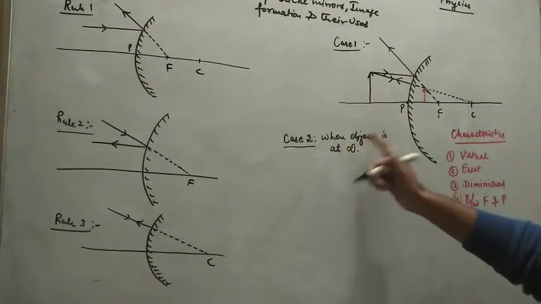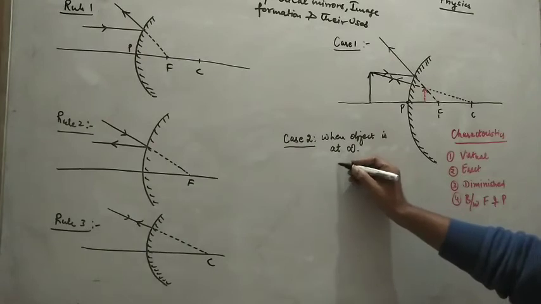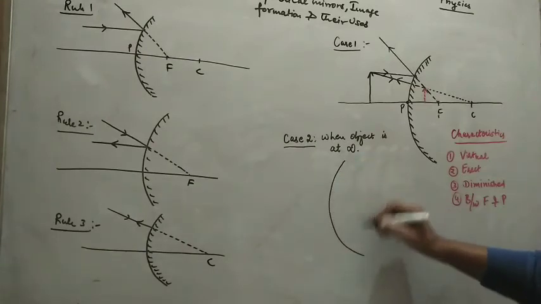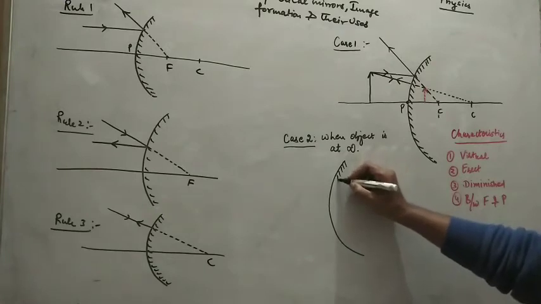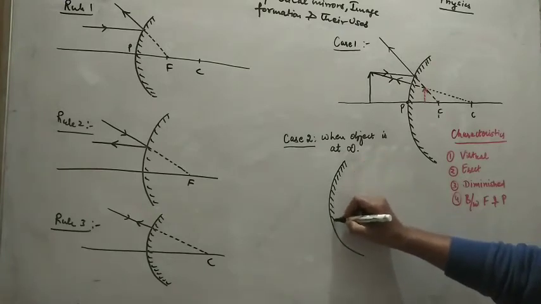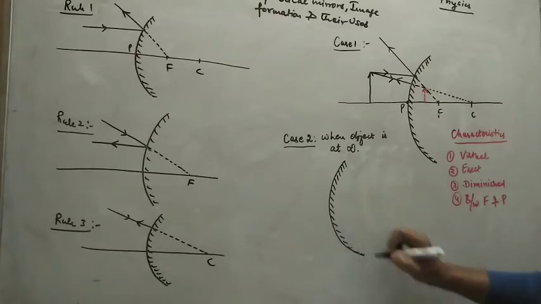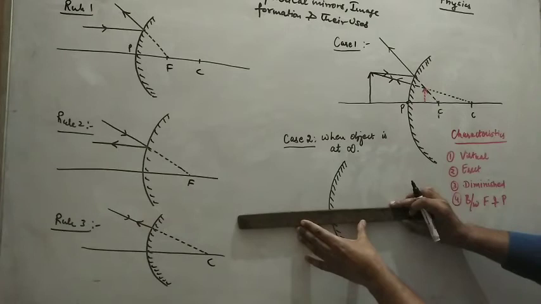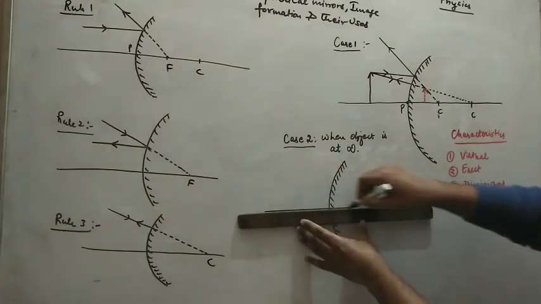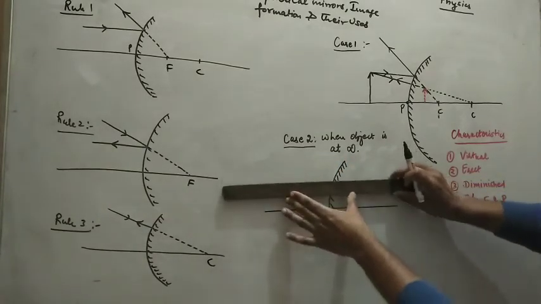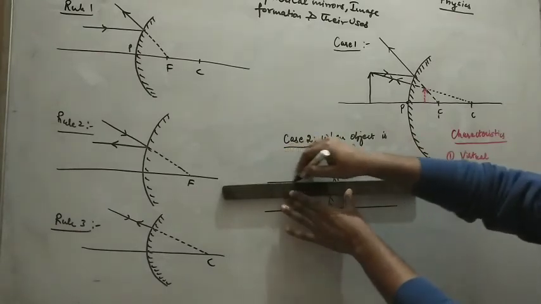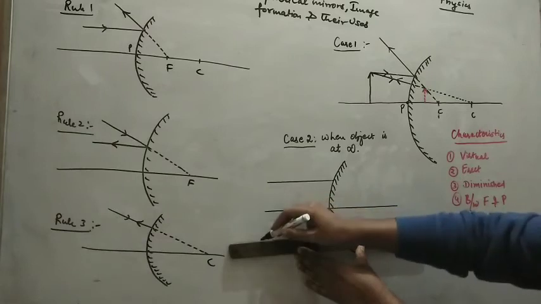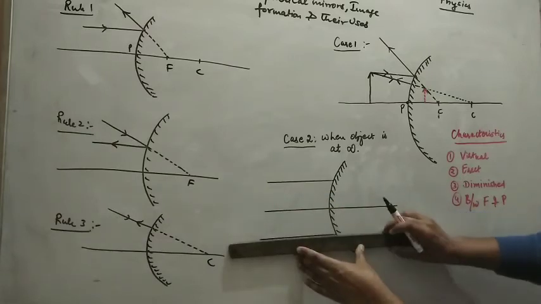Now second is when the object is at infinity. So for that also we can discuss. Here is the convex mirror, right? And this is the principal axis. Now I am going to take two incident rays which are parallel to the principal axis, in this way.